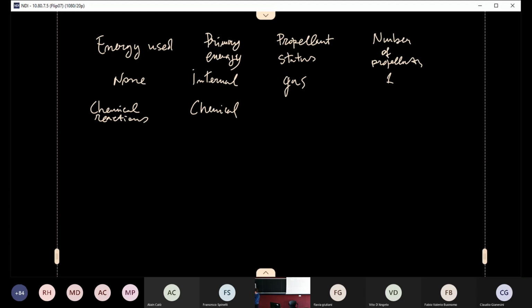So we provide this internal energy through chemical reactions, exploiting the chemical primary energy, and this can be done with propellants in a different status.